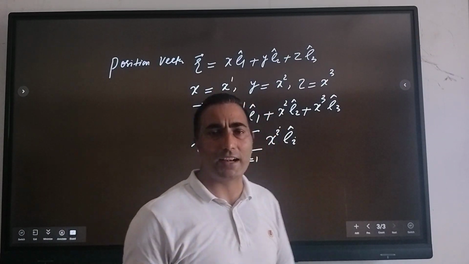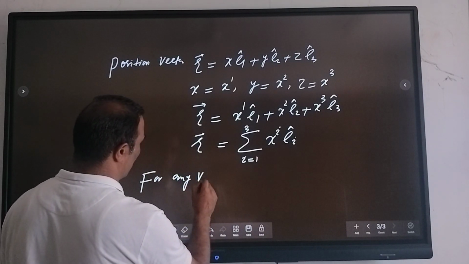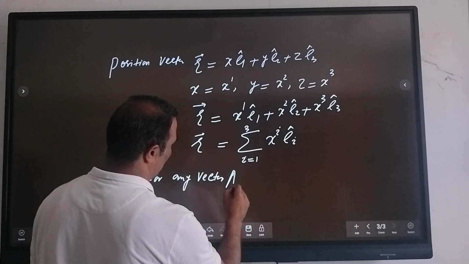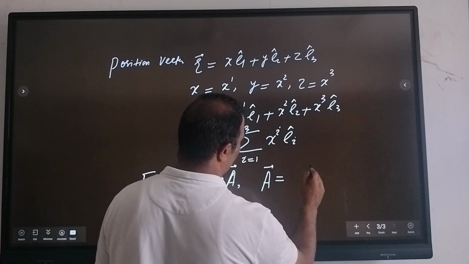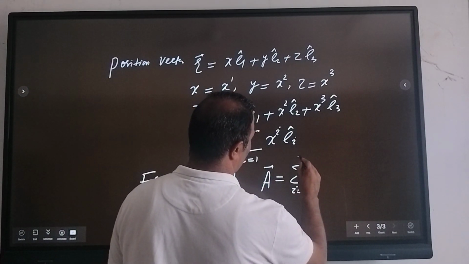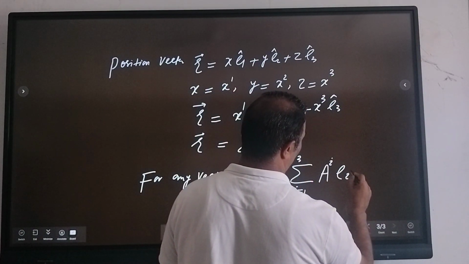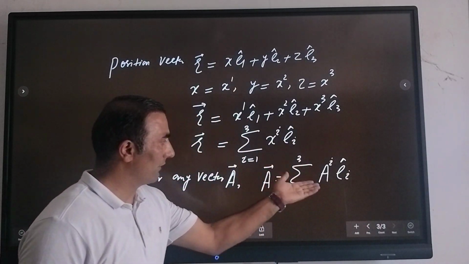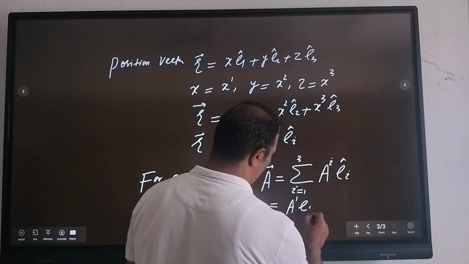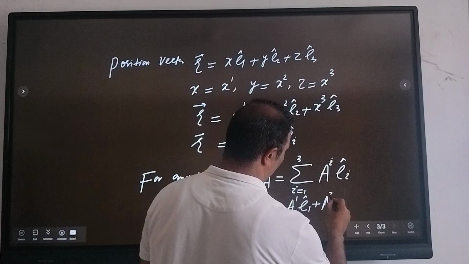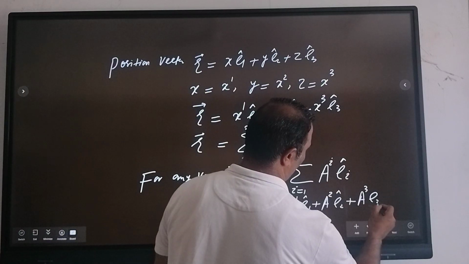So if we write for any vector A, we can write that vector A as, okay, because when you take that, or you can write this as, this is A1 E1, right?